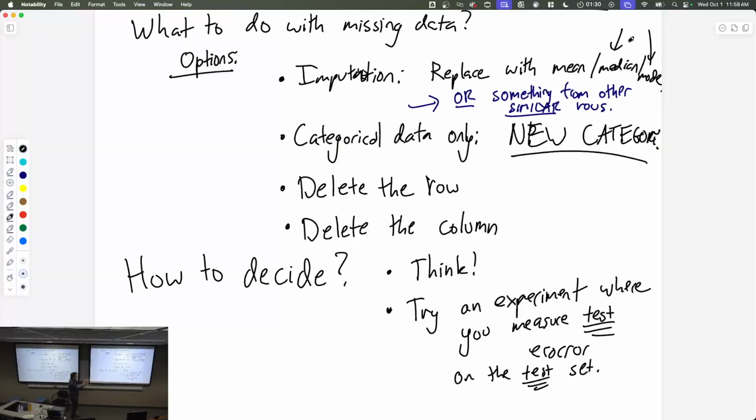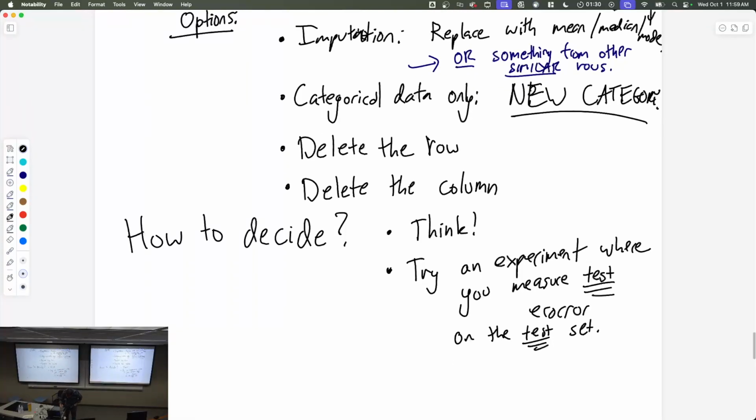But just with the column I'm looking at, if I do it by deleting the rows, that will decrease my data set size. And if I do it by doing the imputation and putting in the mean, that will replace it with something that's not quite right. So both of those are not ideal, but which one is worse? So then you could run a regression, say with all the features, and compare.